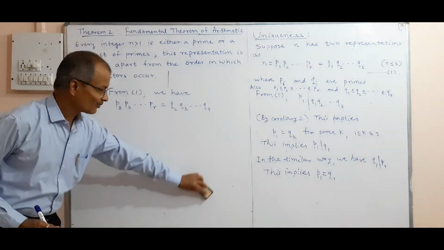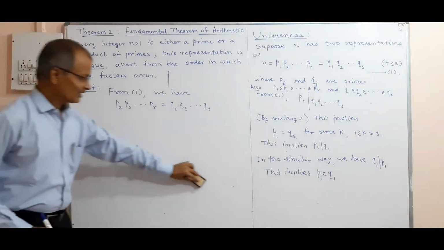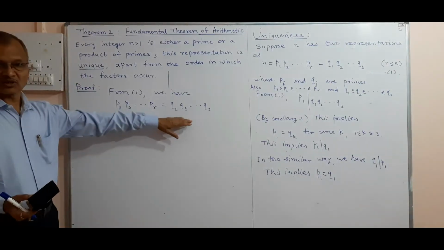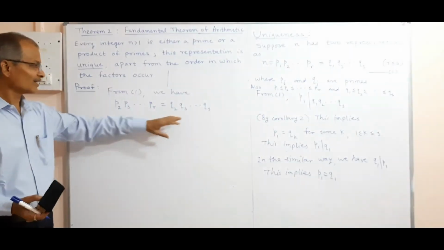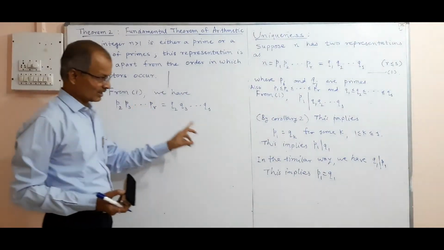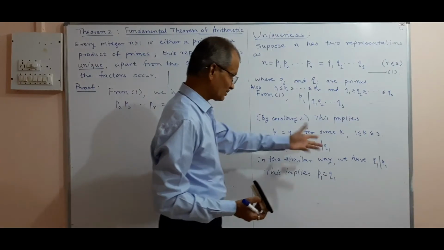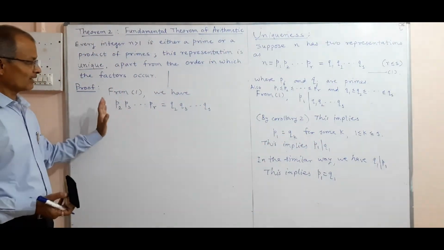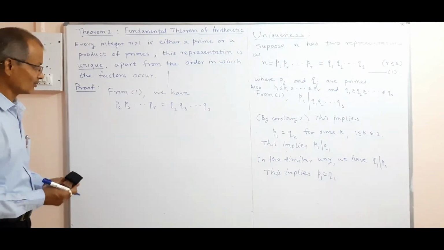And now we repeat the same procedure. So that means now we can say P2 divides this product, and then we can say P2 divides Q2, and also similarly Q2 divides P2, and therefore P2 must be equal to Q2.